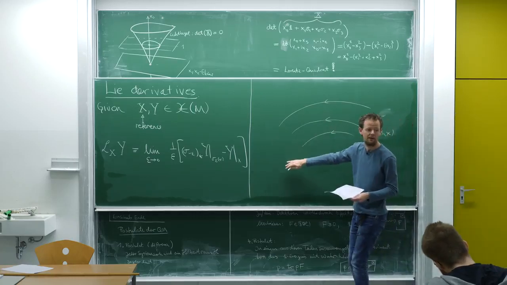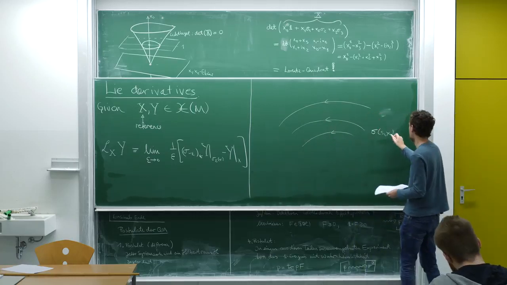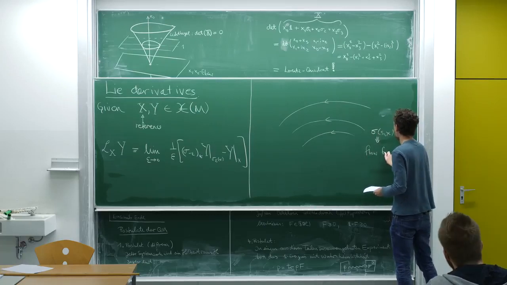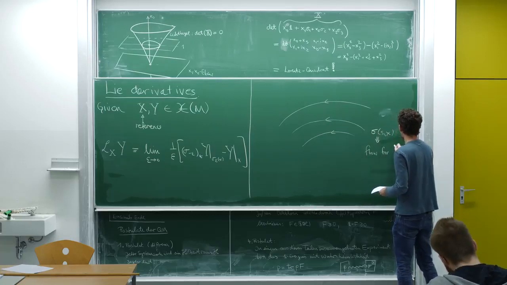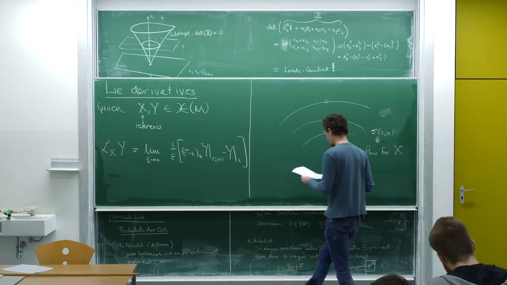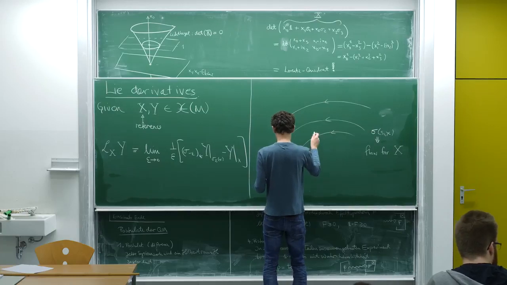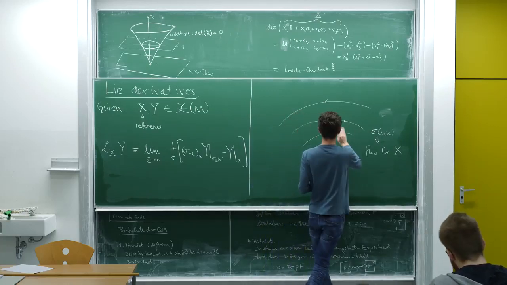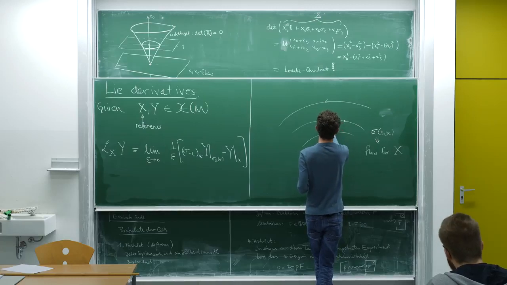There's some vector field on our manifold. This is the flow for that reference vector field X. And then we have some point that we're interested in.